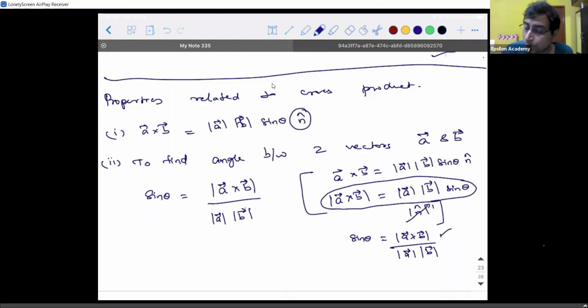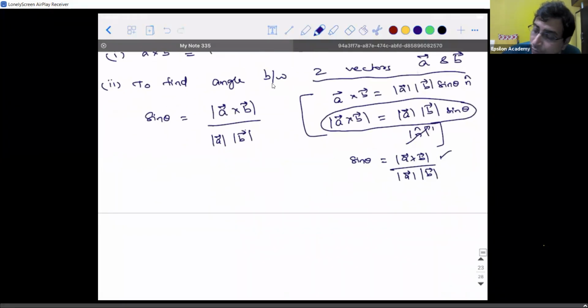The denominator is a product of individual magnitudes. So that's what I meant by finding the angle between two vectors A and B. Okay. Third.